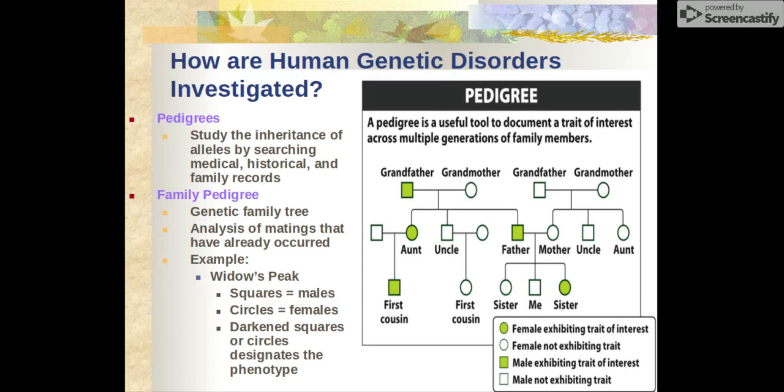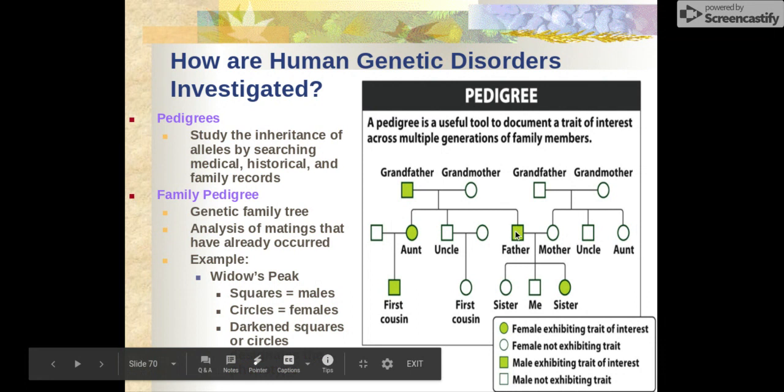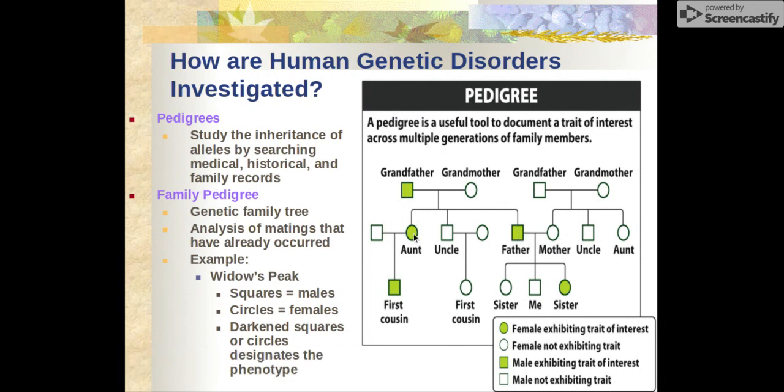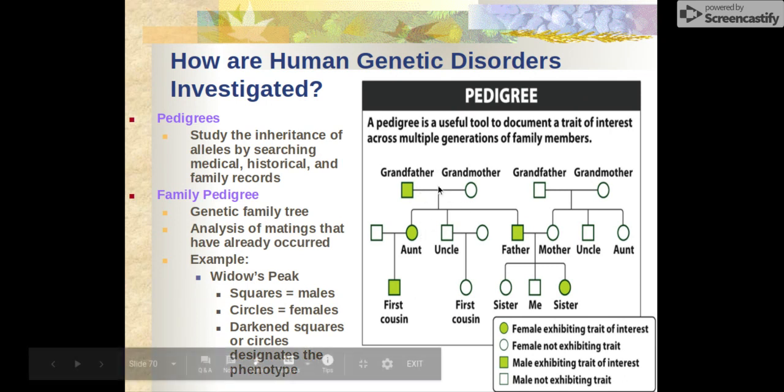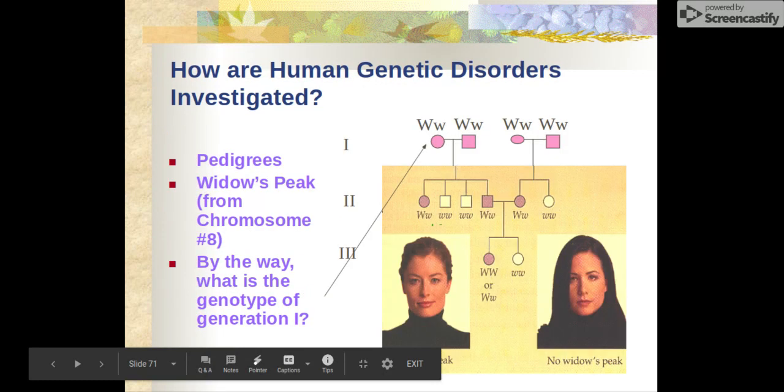Okay, so here we see a male, this grandfather with the trait that we're looking at. We see a male with the trait, female with the trait, female without the trait, male without the trait, and so on. And so we can track the inheritance of whatever this trait is through multiple generations.